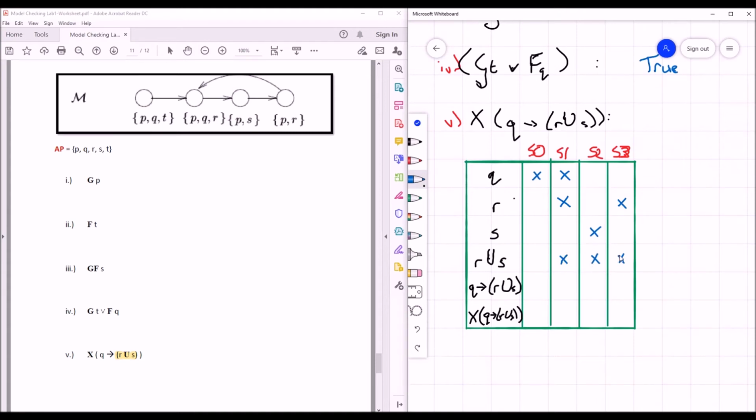Next, we move on to Q implies "or until S". So we know "or until S" holds in state 1, state 2, and state 3.